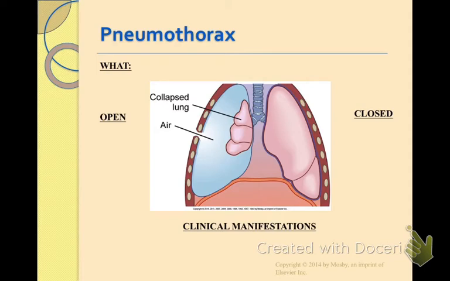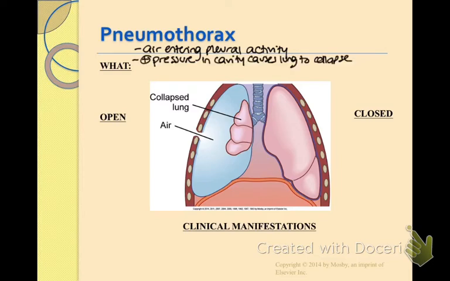So a pneumothorax, what is it? It's when air enters the pleural cavity. And this causes positive pressure in the cavity, which causes the lung to collapse. So normally what you see is this little blue line around. This pink is all the lung, and then this is the pleural space, which you can't really see in this picture.